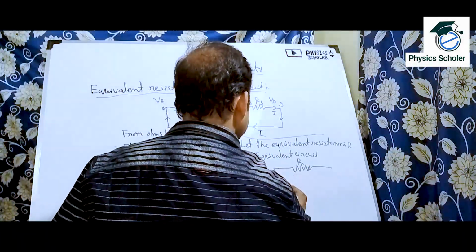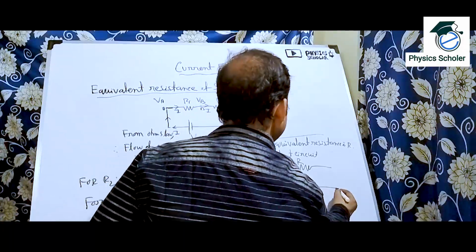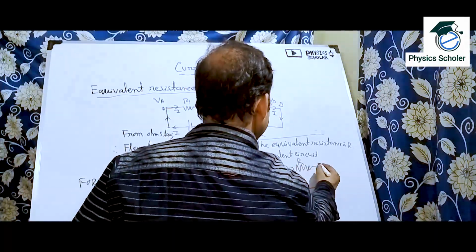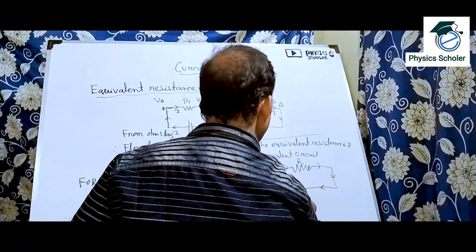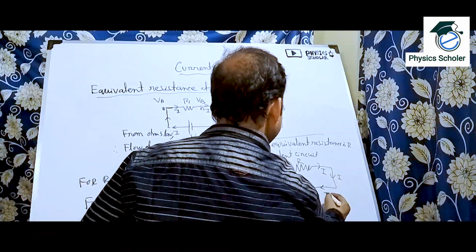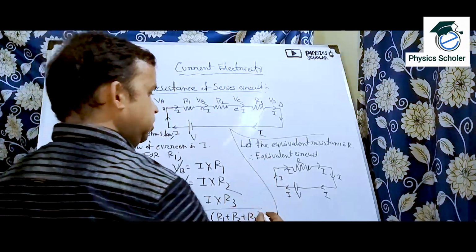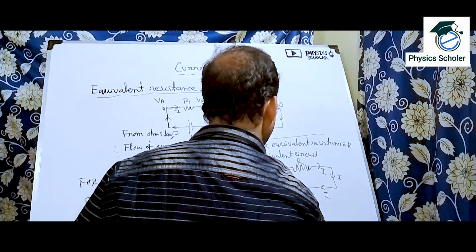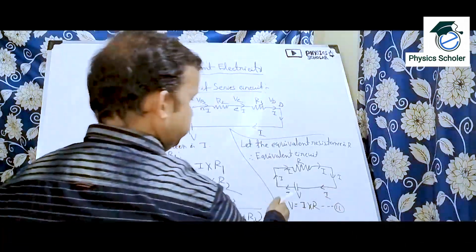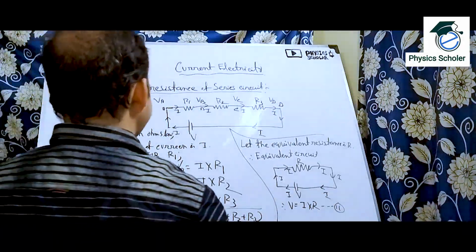The battery will be the same, V. The flow of current should not change. So from Ohm's law, for this equivalent circuit we can write V is equal to I into R.